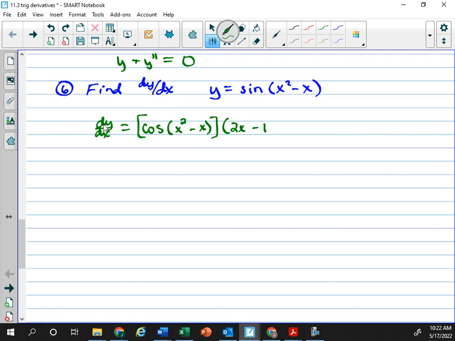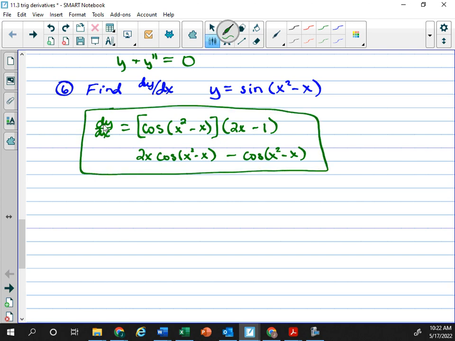Now, depending on if it's multiple choice or what kind of question it is, you could leave it like this. You could also distribute and say this is 2x cosine of x squared minus x minus cosine of x squared minus x. Either of those would be acceptable answers. Okay? But again, just making sure, if it's multiple choice, that you can recognize that.